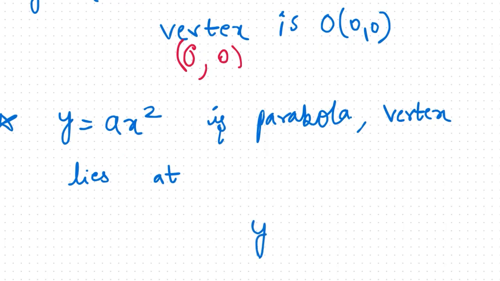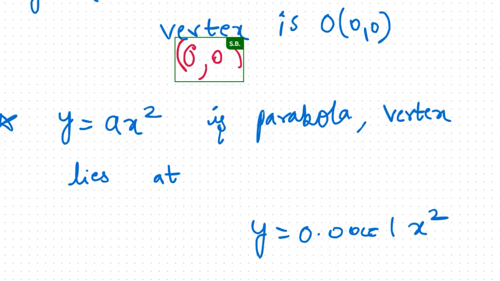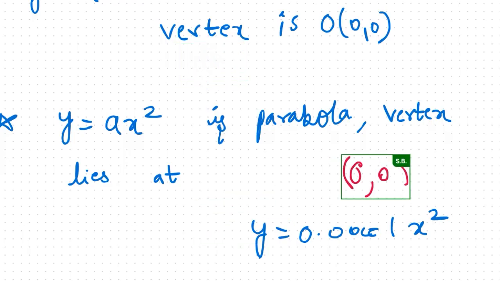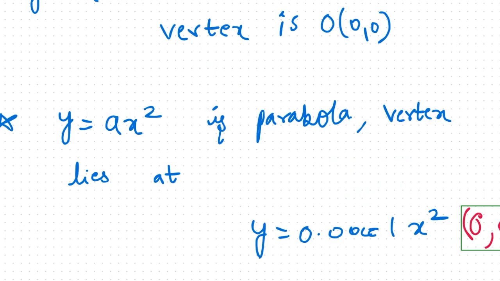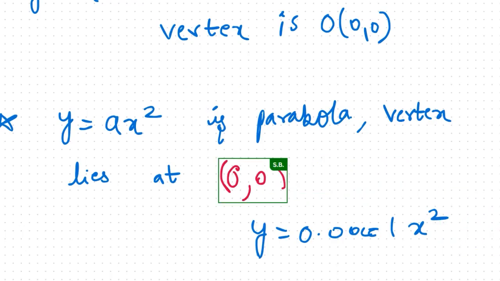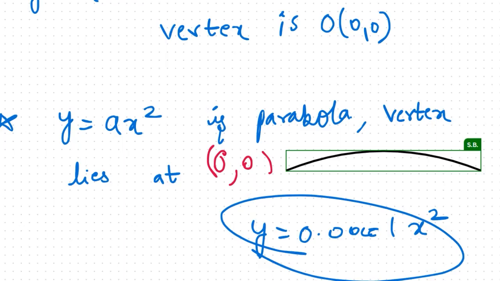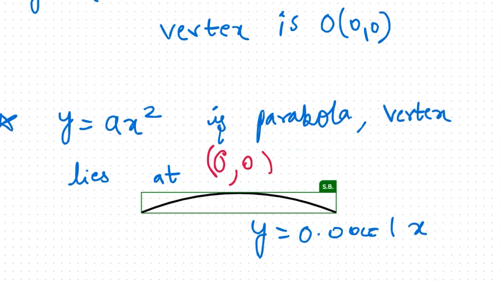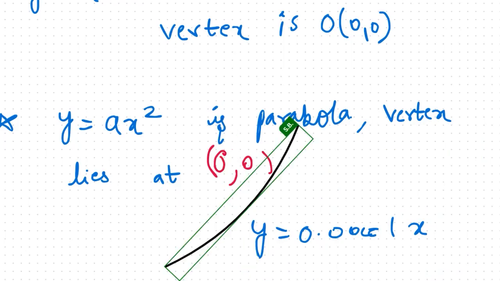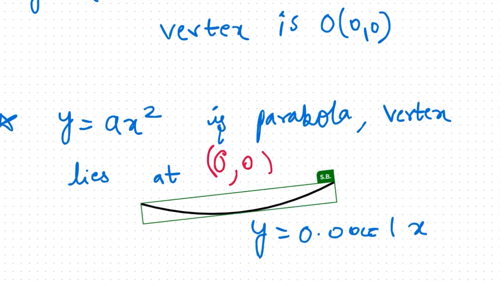Even if you write y is equal to, let's say, 0.1 x square, the vertex is at the origin. For this also the vertex is the same thing. Parabola.